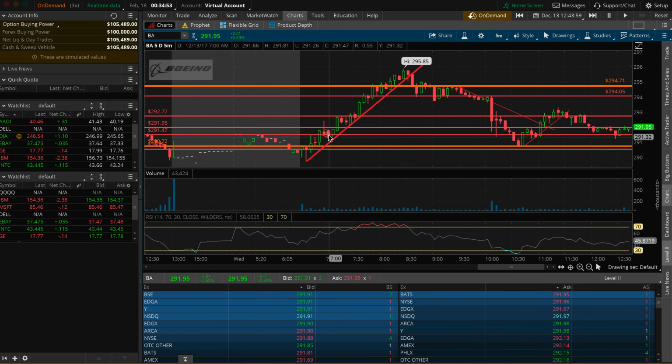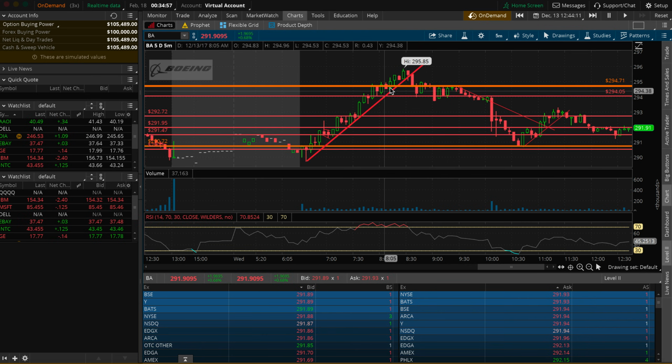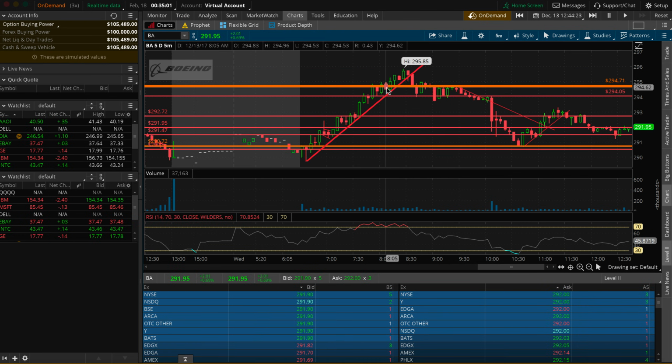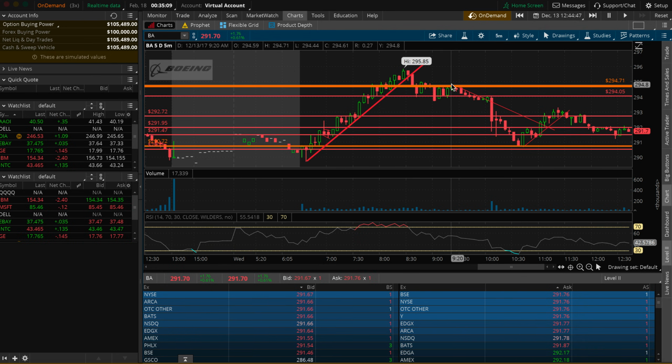So these bullish bull flags we see here brought us to new highs, and then we see the consolidation right here on this resistance line and all through here, and that's how we found out this was major resistance.